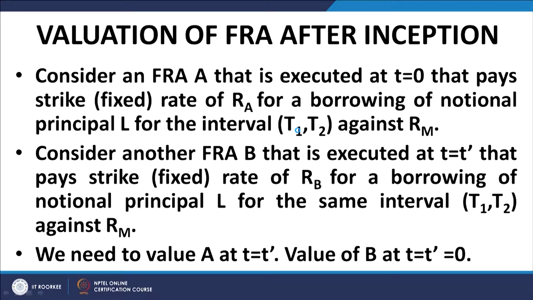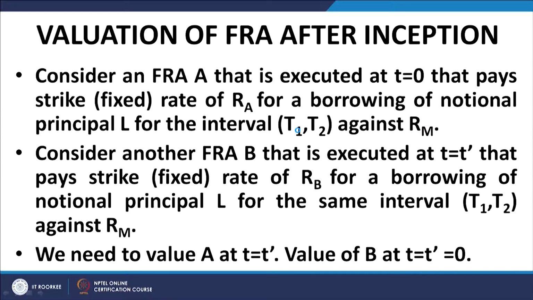There is another FRA B, which is executed at t equal to t dash. It pays the strike rate or the fixed rate RB against RM. RM is common to both of them, because RM would be fixed at the point at which the loan commences, and we assume that the date of commencement of the loan and the date of conclusion of the loan is the same in both cases. So, T1 and T2 are identical for both the FRAs.